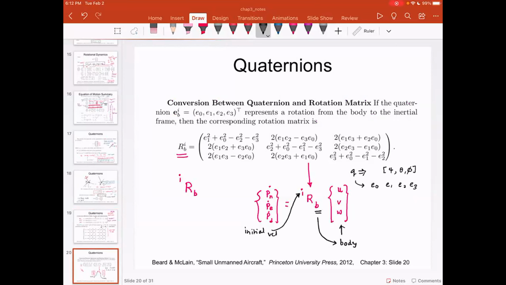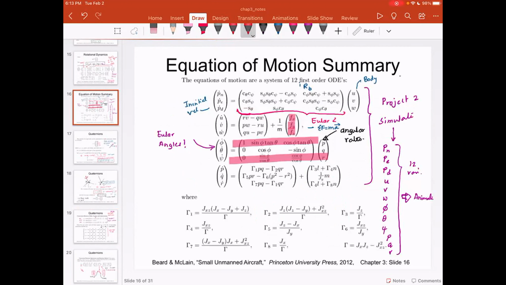These four elements you can use to construct the rotation matrix as given over here. If you were to compute this rotation matrix using the equation that we derived earlier, it will be exactly the same as this rotation matrix. So that is something I want you to keep in mind.